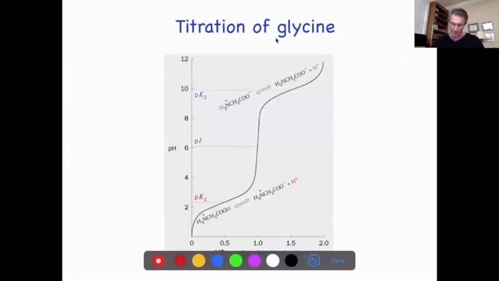If you think about titrating an amino acid, again, like glycine, if you think about going through the full titration, here again at low pH, we have the protonated form of both the alpha amino group and the carboxylate group. We start raising the pH. We get it to about half an equivalent of added base.